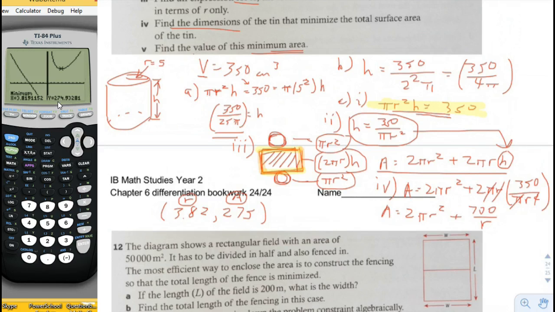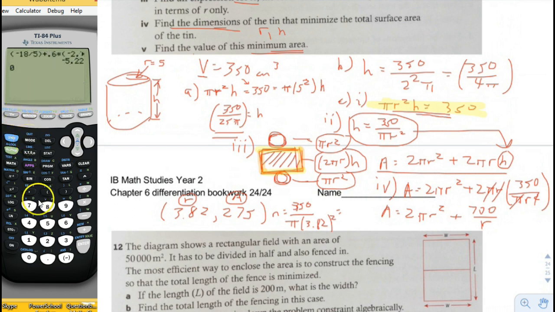The other thing they wanted to know are the dimensions. So that would be r and h. We only know r so far. The way we find h is we use this equation. So we have h equals 350 divided by pi r squared, with r being 3.82. So that would be equal to 350 divided by 3.82 squared, and then we divide that by pi.